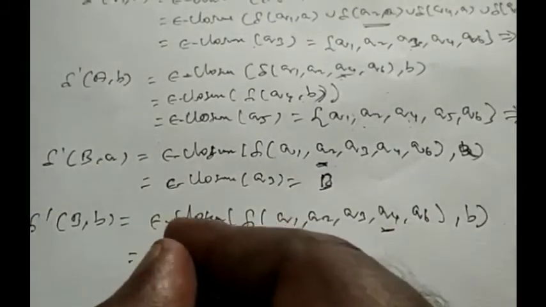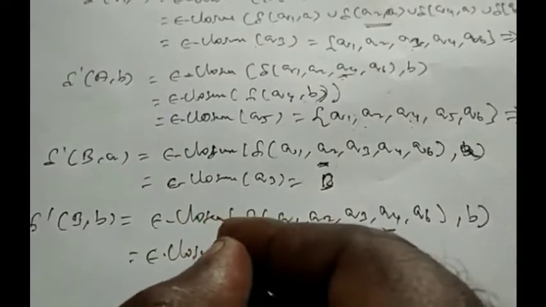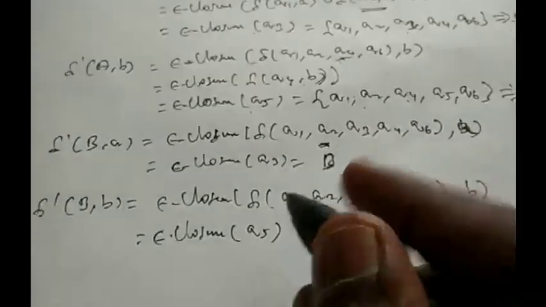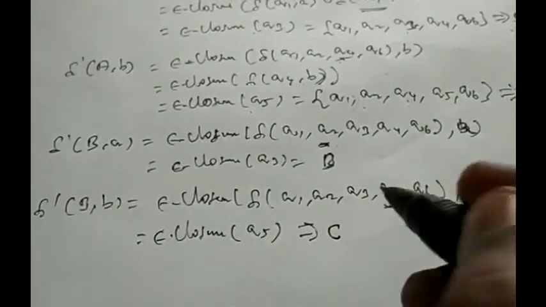So epsilon closure of Q5 gives the answer which is already there, called C. So just mention epsilon closure for Q5 is actually C here.